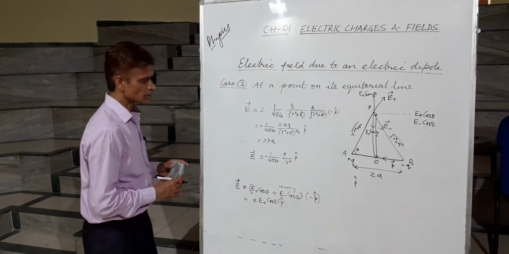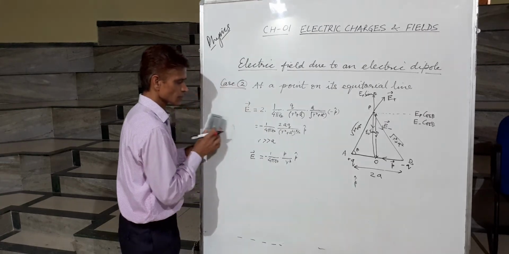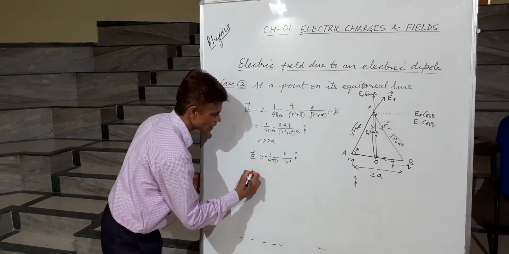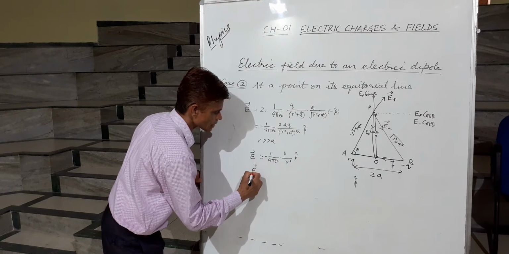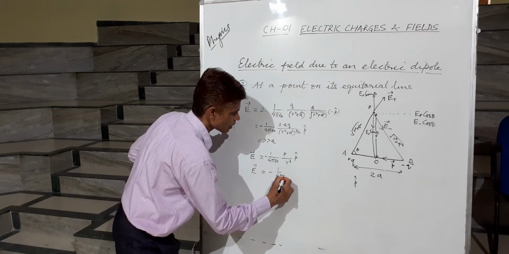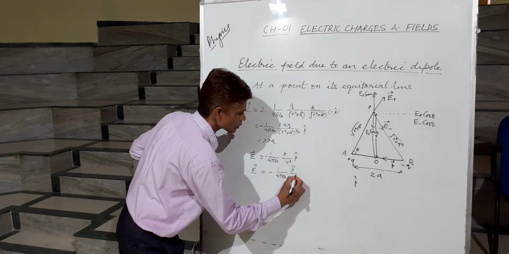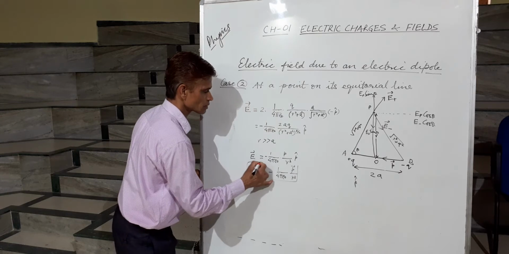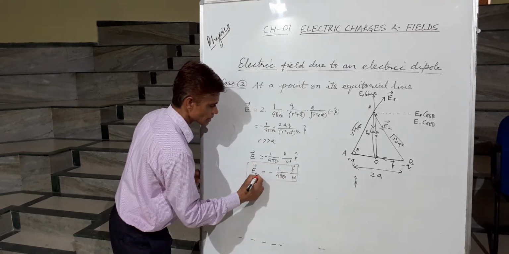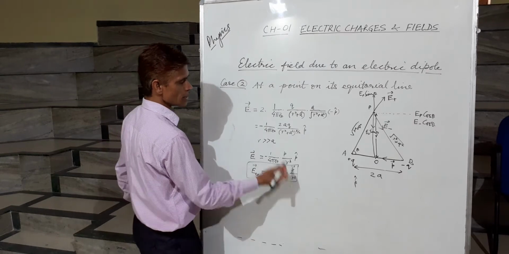Or we can write vector E is equal to minus 1 by 4 pi epsilon naught vector p upon r cube. This is the electric field at a point on its equatorial line at a distance r.